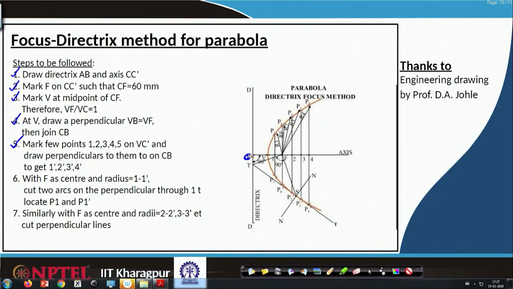This one we named C, C dash, this one A and this one B, and this is the focus and this is V. Now, with F as center and radius 1, 1 dash: 1 is this, 1 dash is on the CB line, and where it intersects the curve, we have located B.